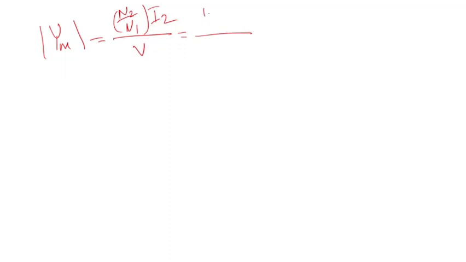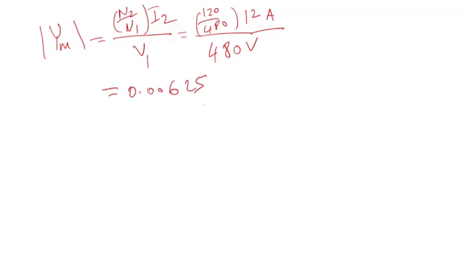And the magnitude of the shunt admittance is N2 divided by N1 times I2 divided by V1, which is 120 divided by 480 times I2, which is measured 12 amps, divided by V1, which is 480 volts. If you calculate that, you will get 0.00625 Siemens.